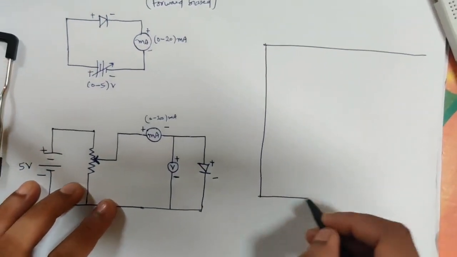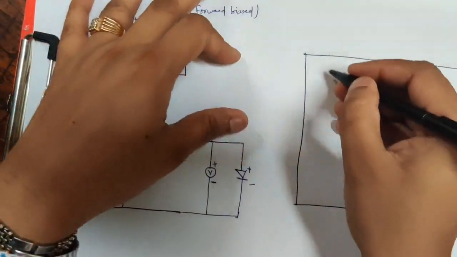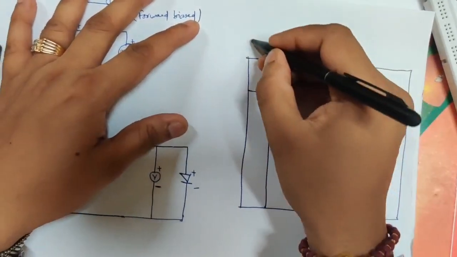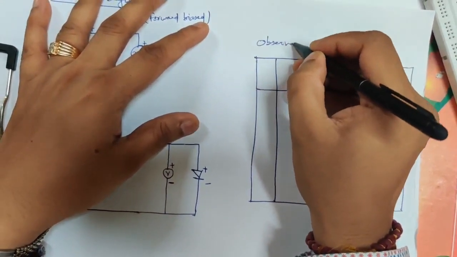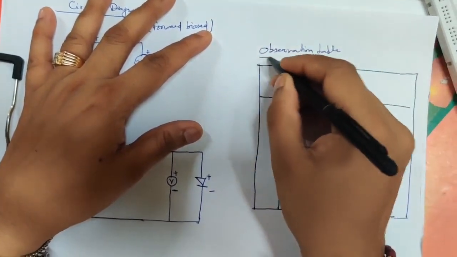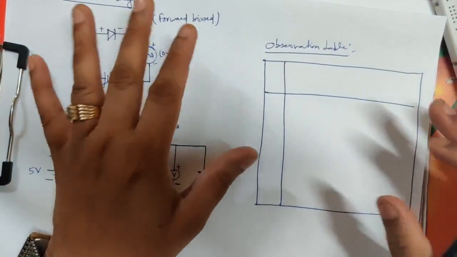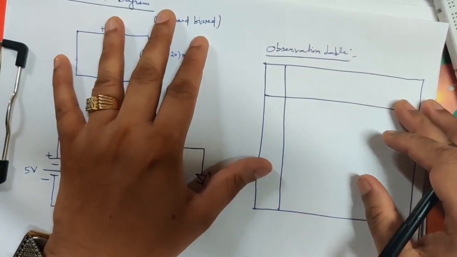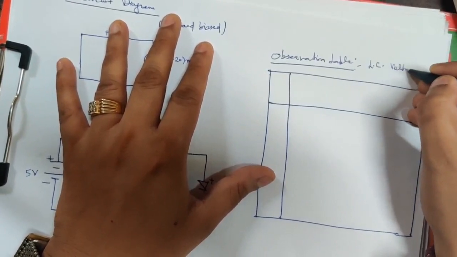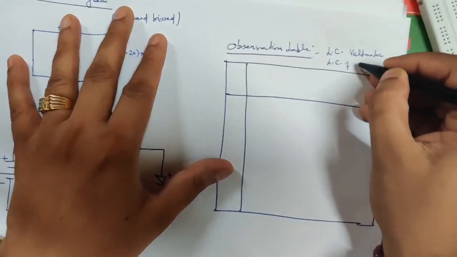This is my observation table, and please, before drawing this observation table, don't forget to write the least count of the voltmeter and the least count of the ammeter.